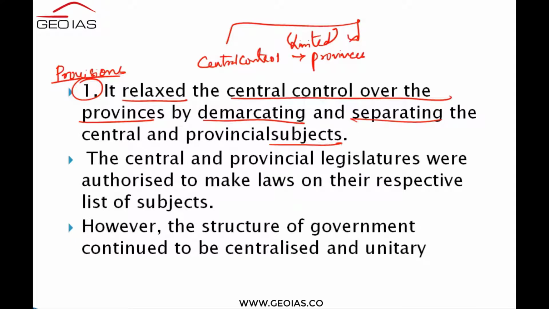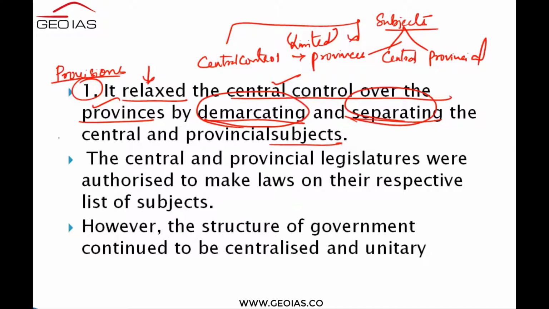The total subjects where they can make laws or implement laws were divided into two: central subjects and provincial subjects. So the central control over the provinces was relaxed or reduced, and that happened due to demarcating and separating the central and provincial subjects.